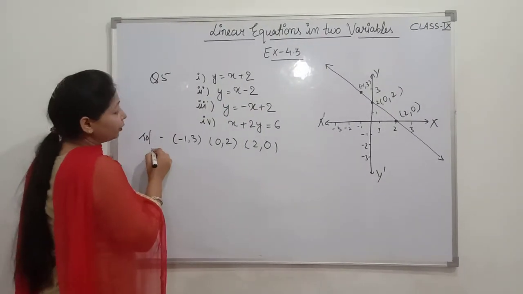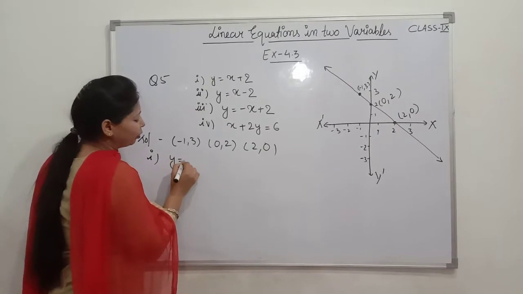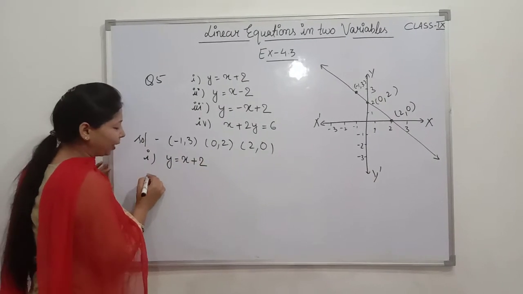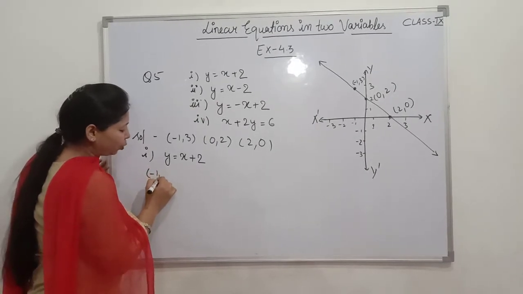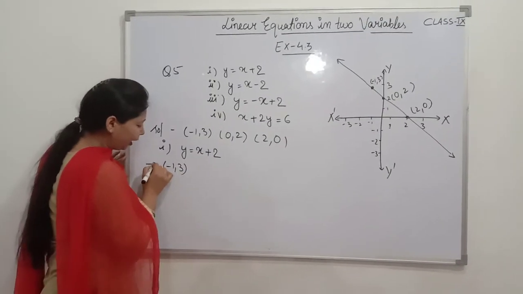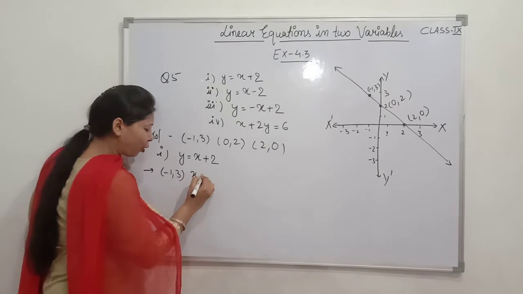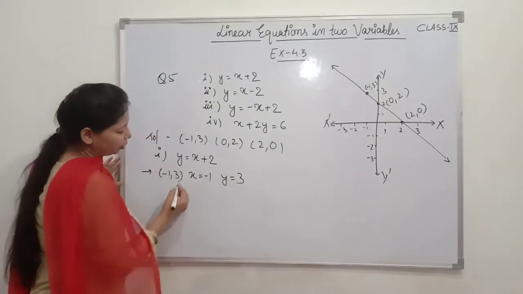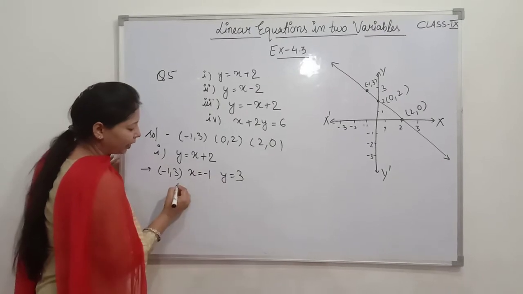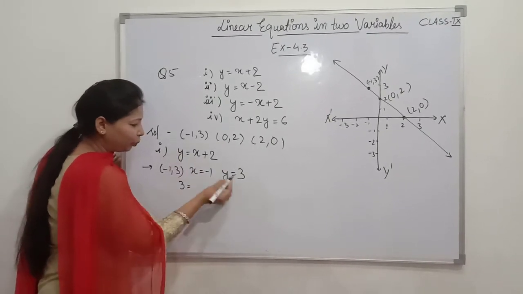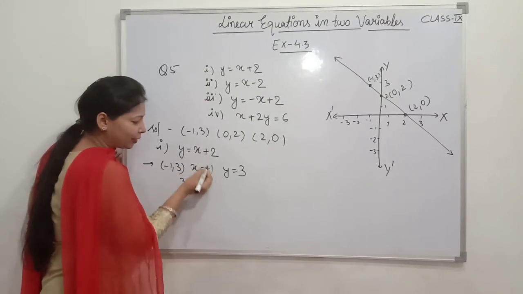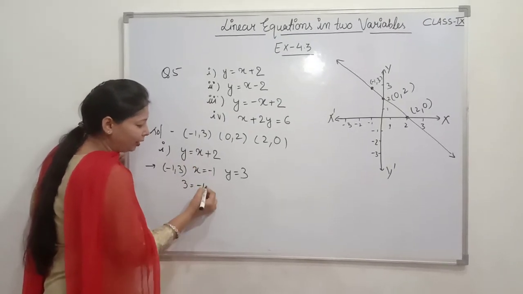Now moving towards the first part, that is y is equal to x plus 2. Let us check on the point. My first point is minus 1, 3. In this point we have x coordinate is minus 1 and y is 3. Now substituting y is equal to 3, I have put the value of y is equal to 3 here. Now what is the value of x? x is equal to minus 1, and plus 2.